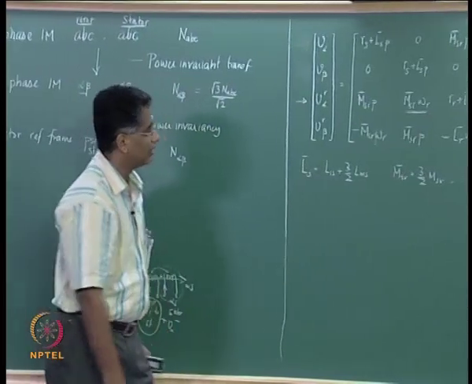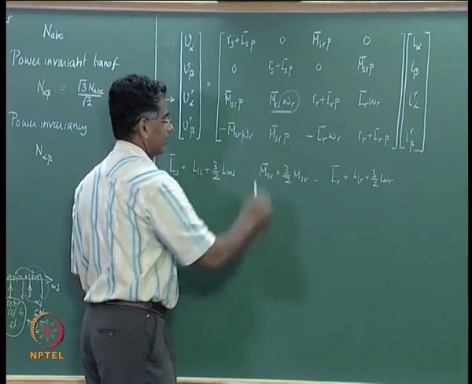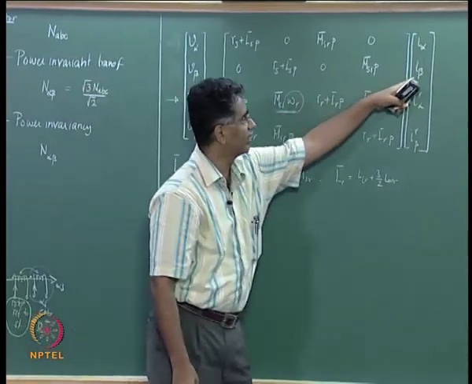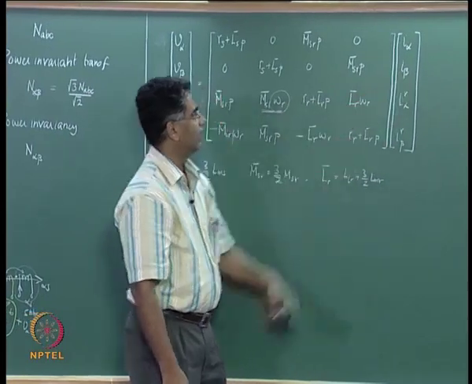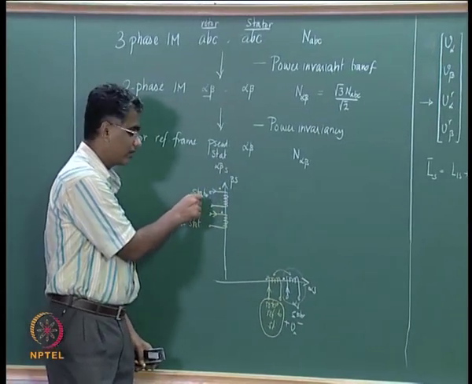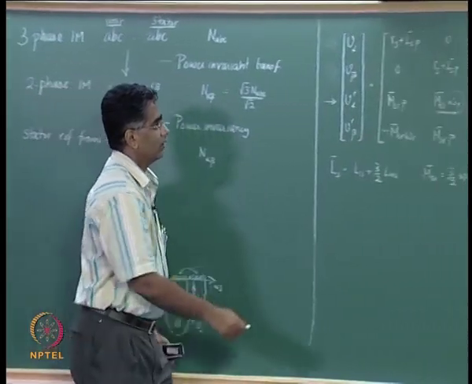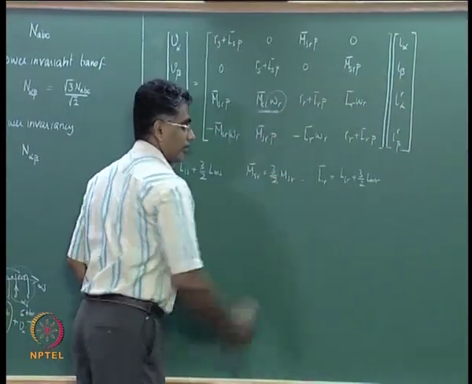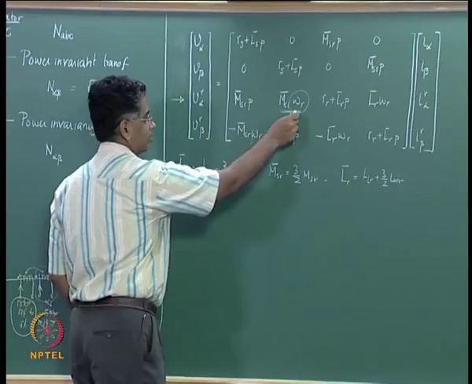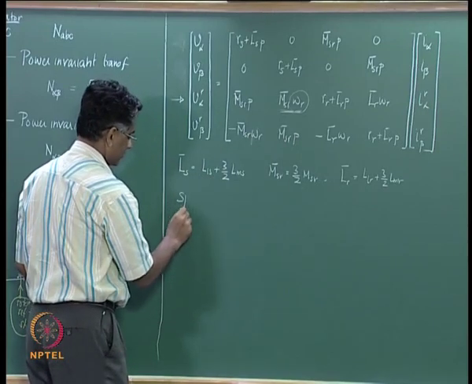which is an induced EMF but occurring due to speed. This term is MSR omega r multiplied by I beta, and this term occurs due to flow of current in a coil which is at 90 degrees to it, and therefore it is multiplied by I beta, and this EMF term depends upon speed, and therefore this kind of term is given a specific name.